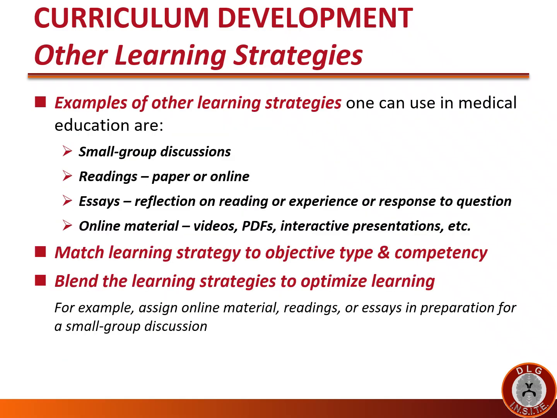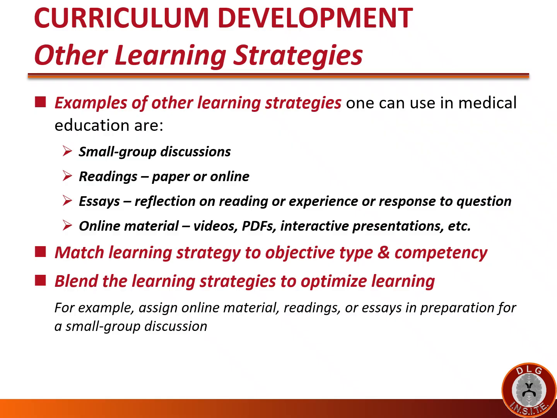Examples of other learning strategies one can use in medical education are small group discussions, readings, either on paper or online, essays, such as reflection on a reading or reflection on an experience or response to a question posed by the instructor. Online material can include videos, PDFs, interactive presentations, and other learning materials.